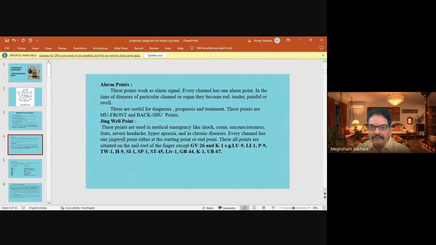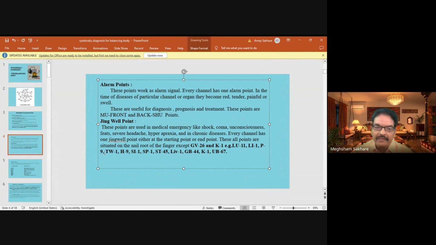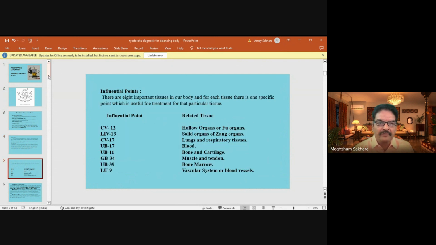For example, lung 11 (here by mistake it is written lung 11), LI1, pericardium 9, triple warmer 1, heart 9, SI1, spleen 1, stomach 45, liver 1, GB44, K1 and UB67 are the jing well points which are used in emergency cases.